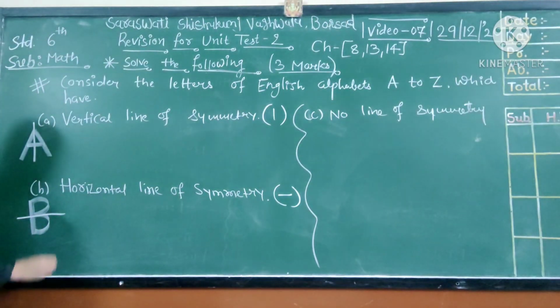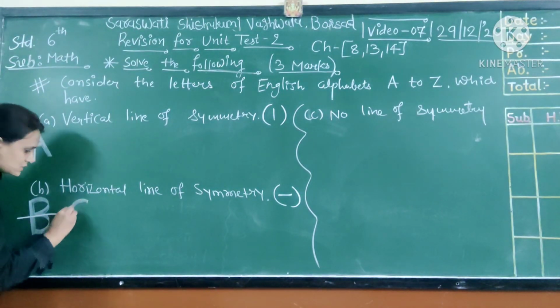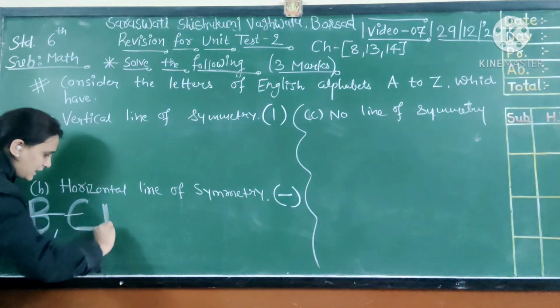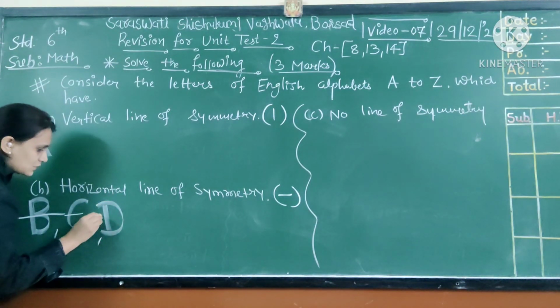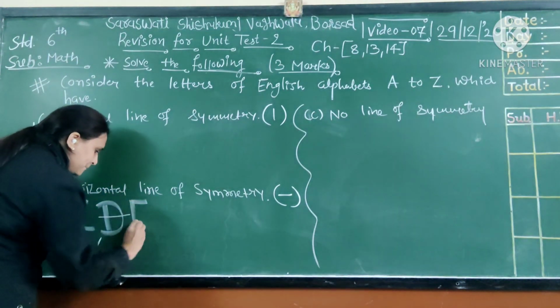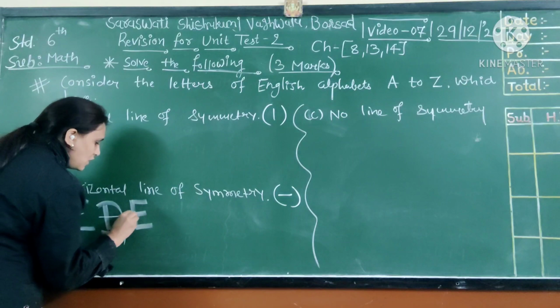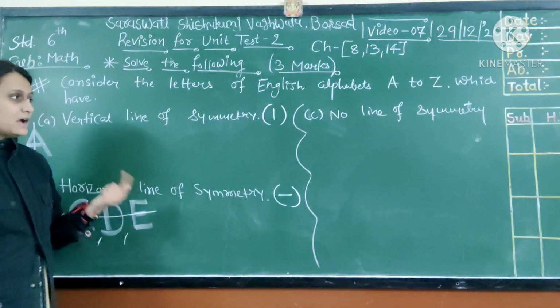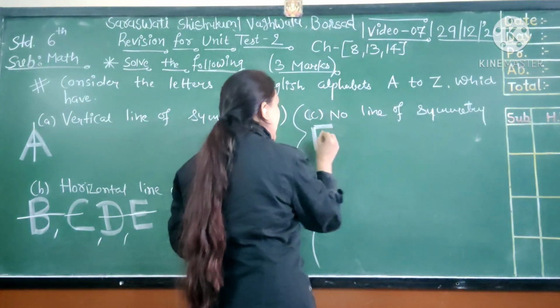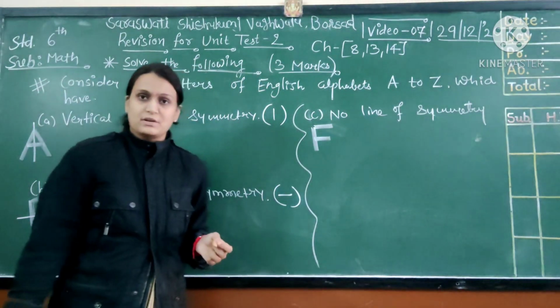Now let us take C. C also has a horizontal line of symmetry. As well as D, D also has a horizontal line of symmetry. Then E also has a horizontal line of symmetry. Then after that F. We cannot draw any line of symmetry in F, so F will come here, no line of symmetry.